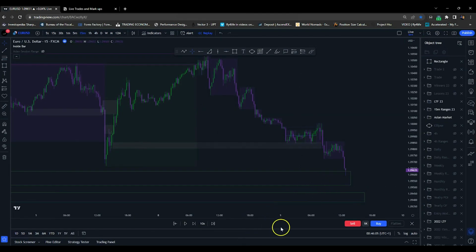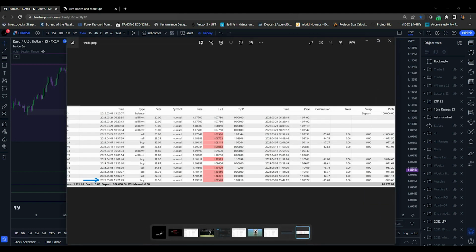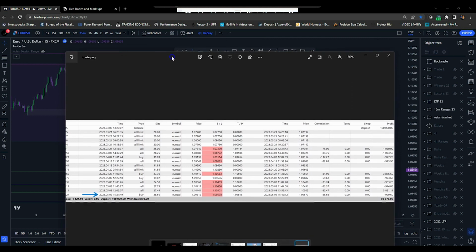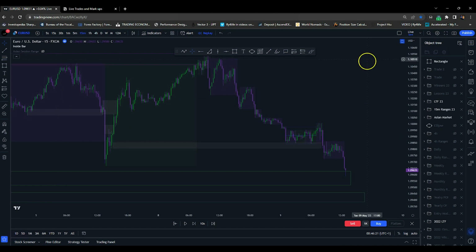I actually ended up taking a loss though, unfortunately, or a lesson should I say. So there we are then. 20 minutes past 1. Yeah, little 1% loss, but we'll break down why I took this trade, and I will take it again. This is just part of the probabilities.